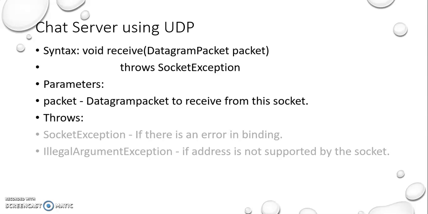A packet will have a specific size, length, etc. So it will receive the packet, the datagram packet, from this socket. So it is associated with the socket, or through a socket only we can receive the packet. So that this packet is getting into or forming a string, so that we can get the resultant string in the server, whatever you are sending from the client side. So it also throws the exceptions like SocketException if there is an error in binding, and IllegalArgumentException if the address is not supported by the socket.